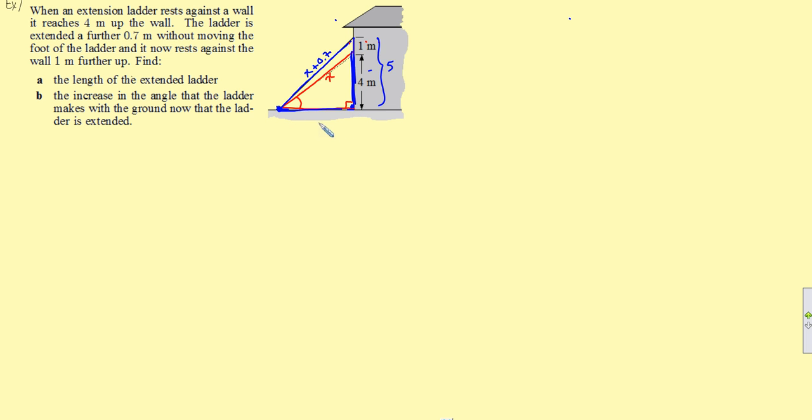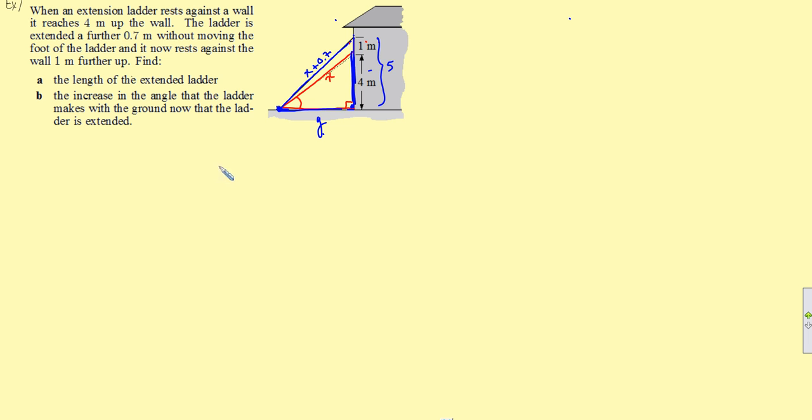I can call that, I don't know, maybe I'll call it y. All right. So the piece of information that I can get is that I've got x plus 0.7. I know that the height here is 5, and this is my y, the distance from the base of the ladder to the wall.